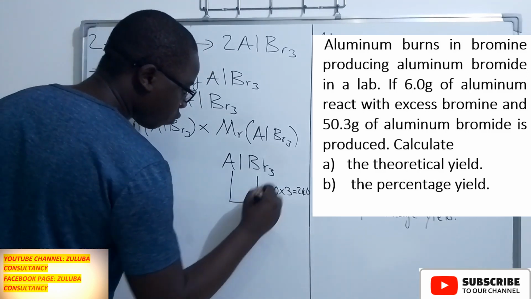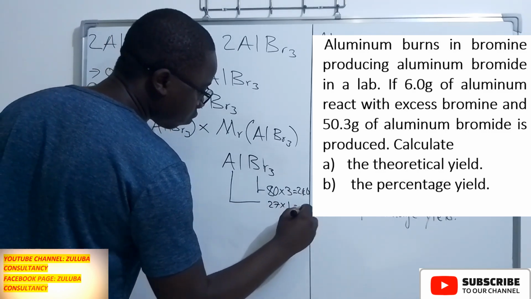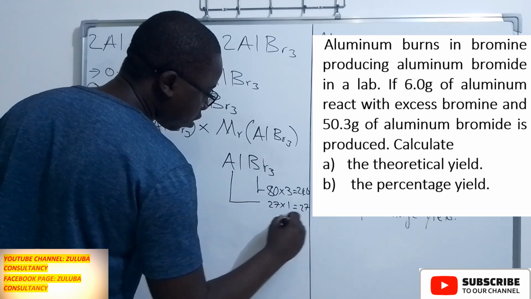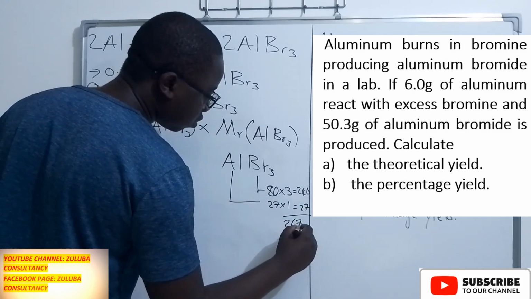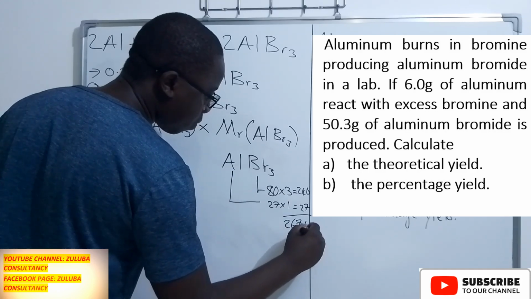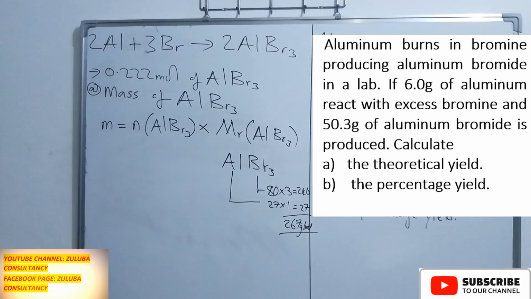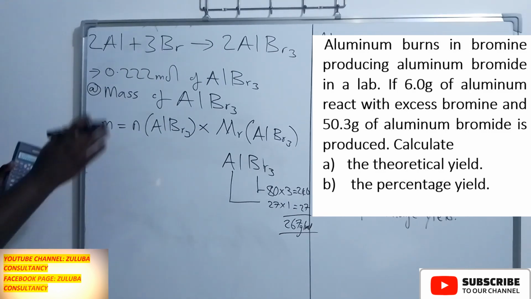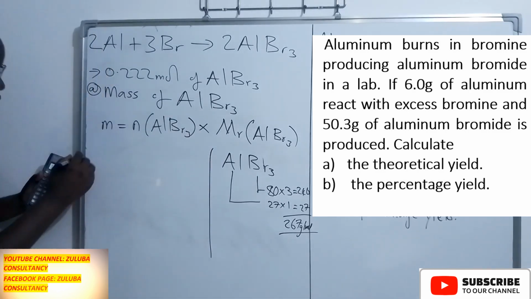Then for aluminium, it has 27 multiplied by 1, it gives us 27. The total will be 267 grams per mole. So this is the molar mass of aluminium bromide. We can now plug this into our equation that we have here.